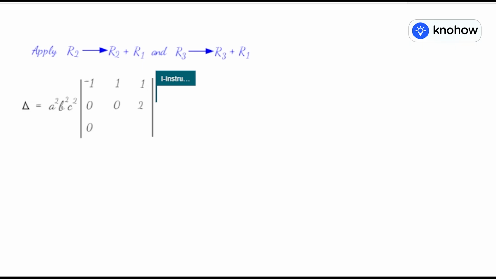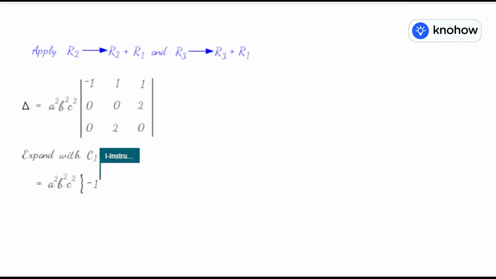Now it is very convenient to expand it, and obviously there being 2 zeros in column 1, so expand with column 1. Of course, a square, b square, c square are outside. When you expand, it is negative 1 times the elements of the main diagonal, delete the row and column through minus 1, are 0 and minus 2 into 2, that is minus 4.